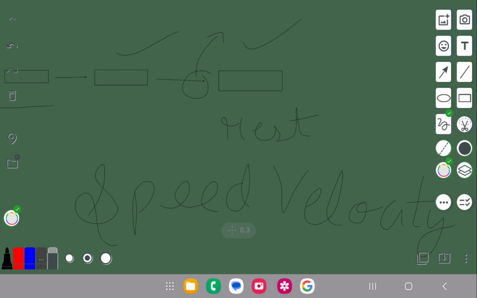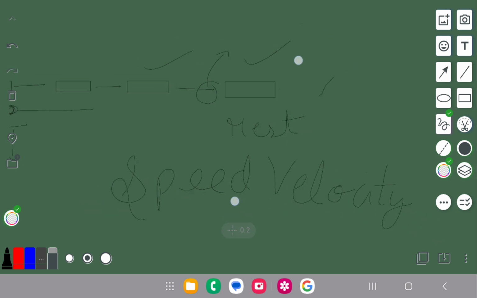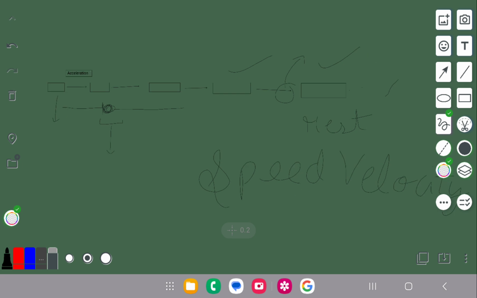As we have already told you, when we take only one direction, for example, this is the only direction in which objects can move, then every object will move in this direction. Then the component of velocity which is direction is the same for every object, and the component which will make every object have different velocity will be its speed.